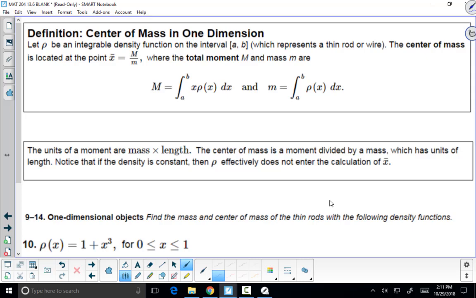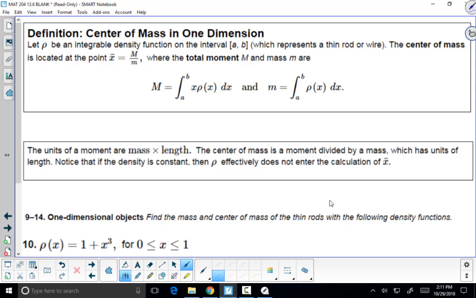So let's first take a look at this one. The moment is the collection of all little moments, so the collection of all distances multiplied by the corresponding masses. When we multiply density times distance and then integrate, we get the total moment.